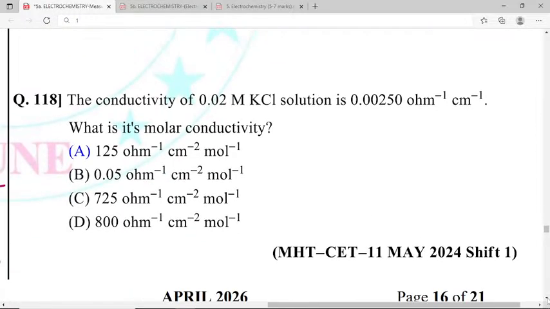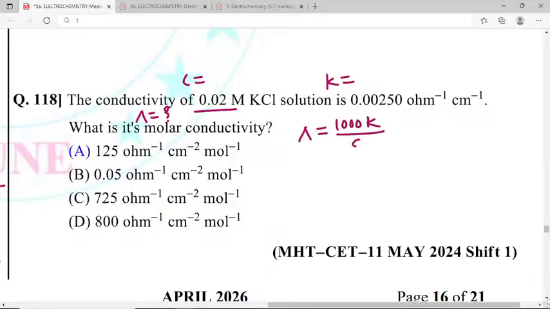The conductivity of 0.2 molar concentration. So concentration given, conductivity is also given. What is the molar conductivity? We have to calculate it. Molar conductivity is equal to 1000 K by C. What is the K value here?